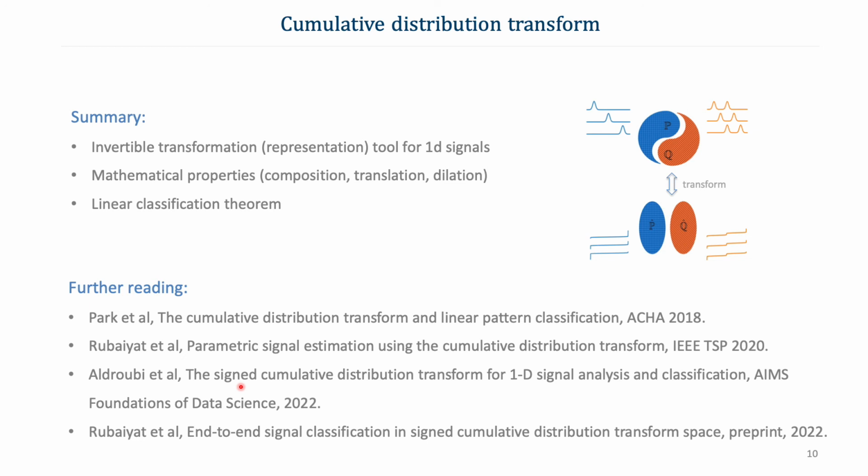As you remember from this discussion here, the cumulative distribution transform, as discussed here, is defined only for positive PDFs. This paper extends this for any kind of signals, essentially. And I also encourage you to look at this preprint, which combines this new signal transform together with nearest subspace type methods for high accuracy end-to-end signal classification.